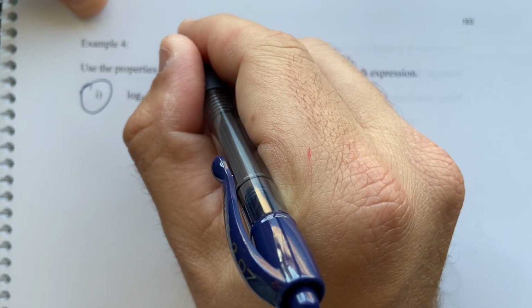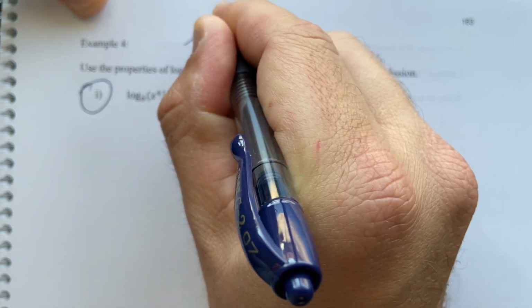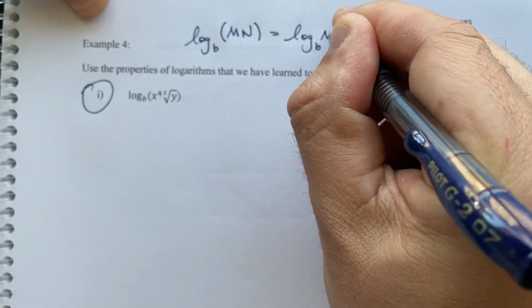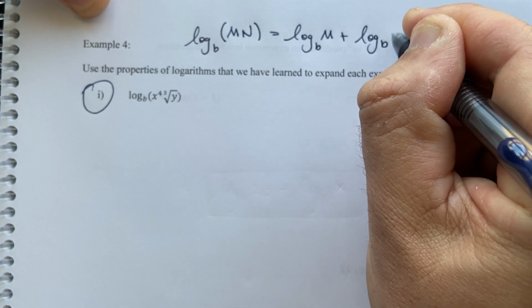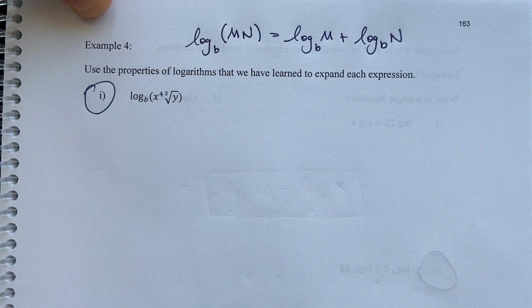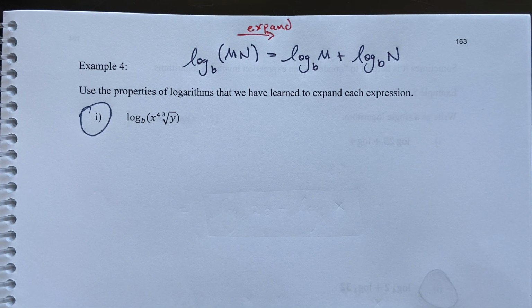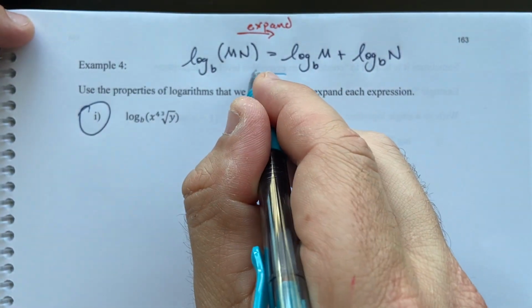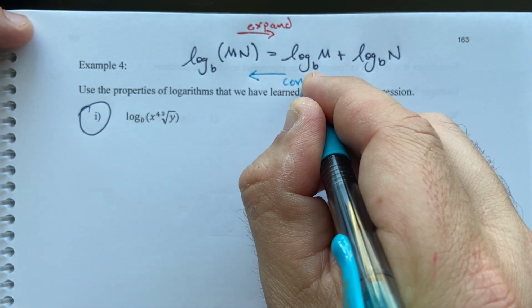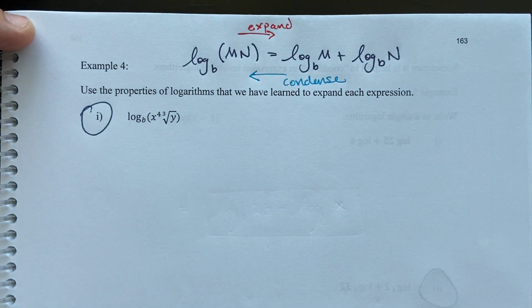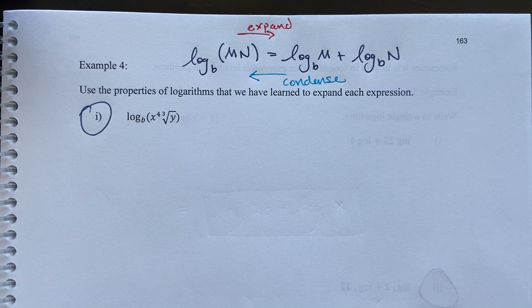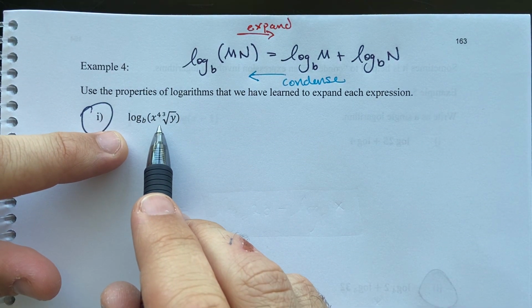So when you're taking, for example, log base b of m times n equal to log base b of m plus log base b of n, when you're going this way, that's called expanding. When you're going this way, that's what we'll do next. That's actually called condensing. So we'll use a couple of these properties.